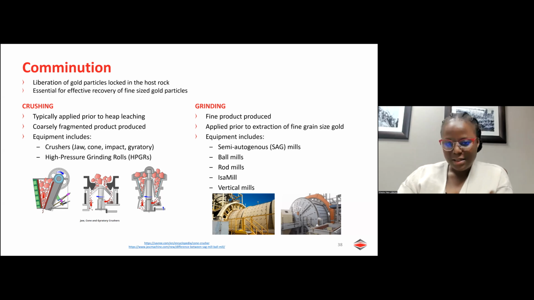So the sizing and design of your crushers and mills is dependent on your textural analysis, as we had discussed in the previous parts of the presentation, where you establish the work index of your ore. You also determine the specific energy that is required in order to efficiently break your ore to the optimum size.